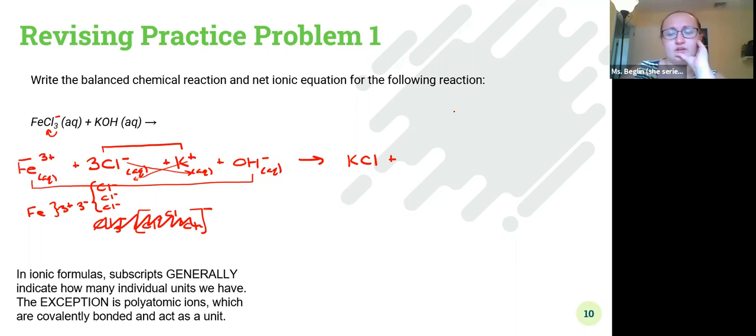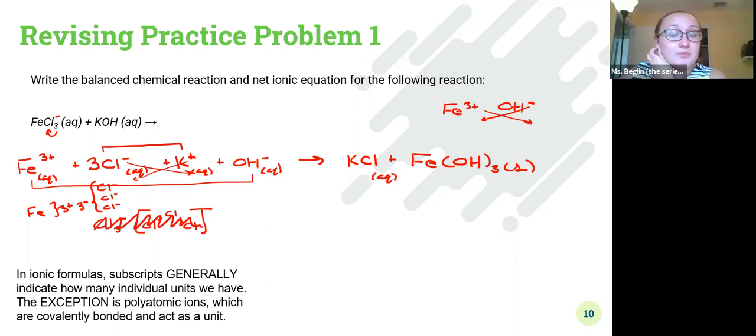Let's bring it over here. Again, using my crisscross rule to balance my charges, I get that this compound is Fe(OH)3, solid. Because if I have Fe3+ and I'm combining it with OH1-, I need 2 more OH minuses for these charges to balance.